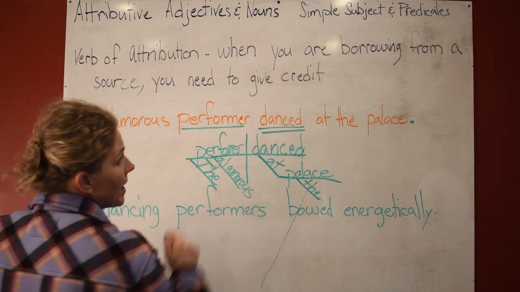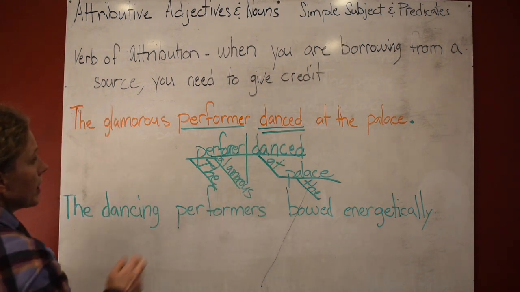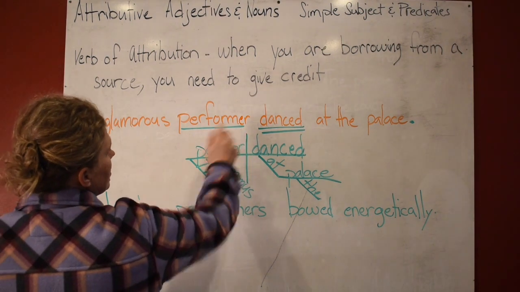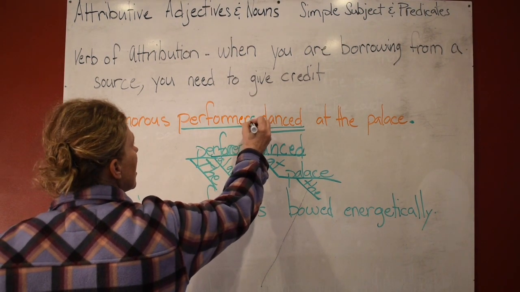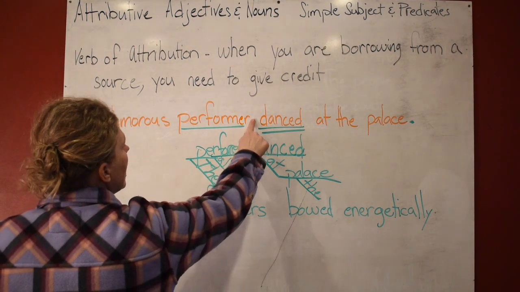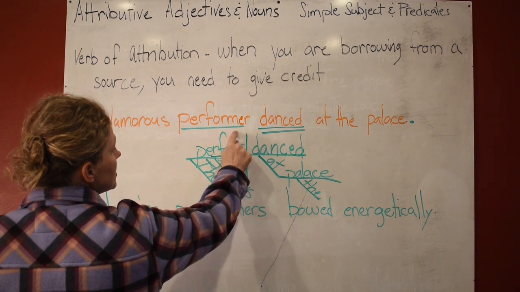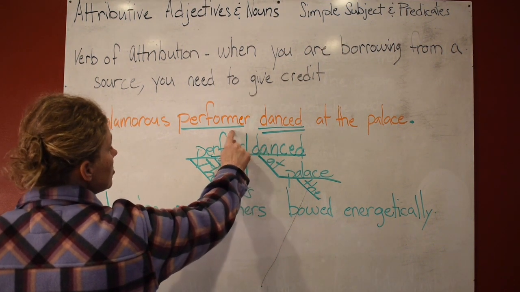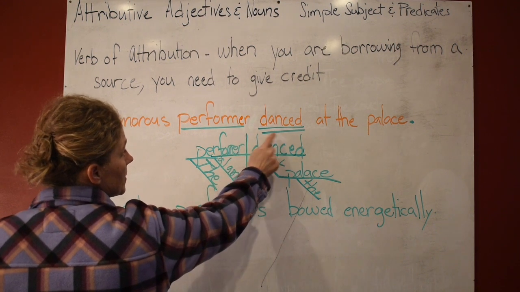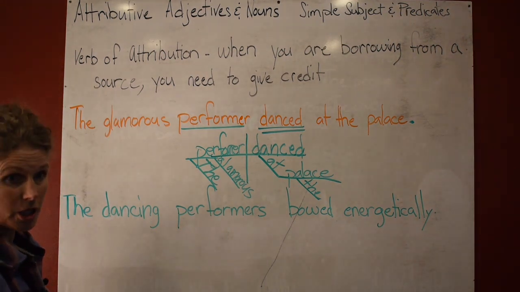The performer danced. It's in the past. It's in the simple, but it's in the past, the simple past. Look at this. Whether I put a plural S right here or keep it out, this verb and this could be plural or singular with this verb, because of how it is conjugated.